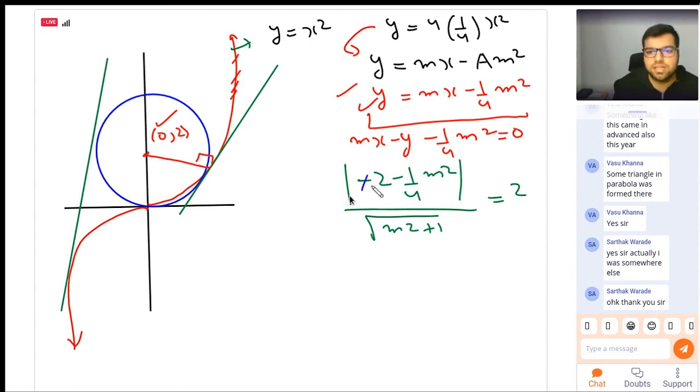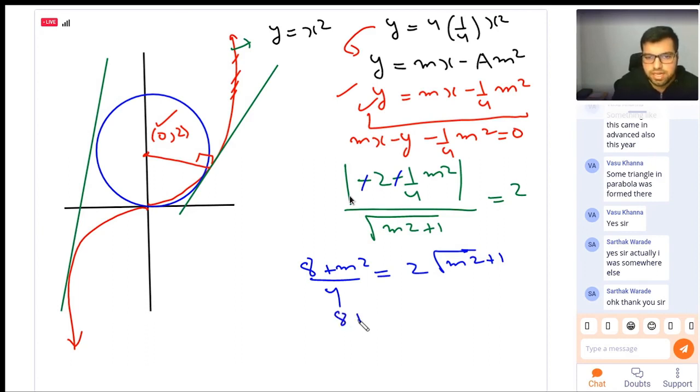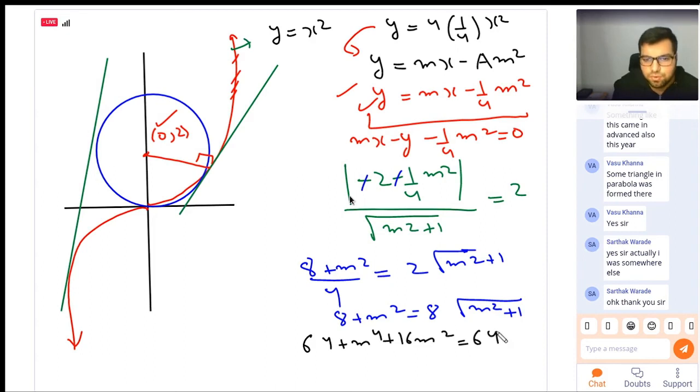Minus minus gets cancelled inside the modulus. So this becomes 8 plus m square by 4 equals 2 into under root m square plus 1. So this becomes 8 plus m square equals 8 into under root m square plus 1. Squaring, it becomes 64 plus m to the power 4 plus 16 m square equals 64 m square plus 64.